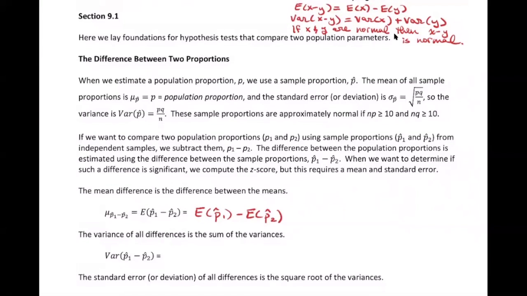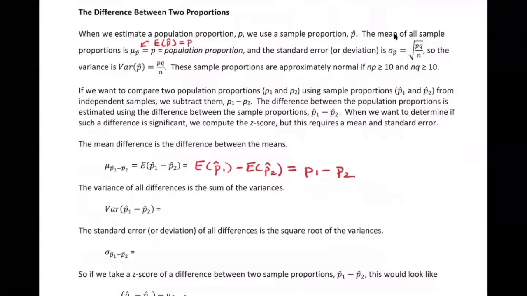Remember that the expected value of p hat is p. So the expected value for the first sample proportion is the first population proportion, minus the expected value for the second sample proportion, which is the second population proportion. So that's going to be the mean for a new z-score.